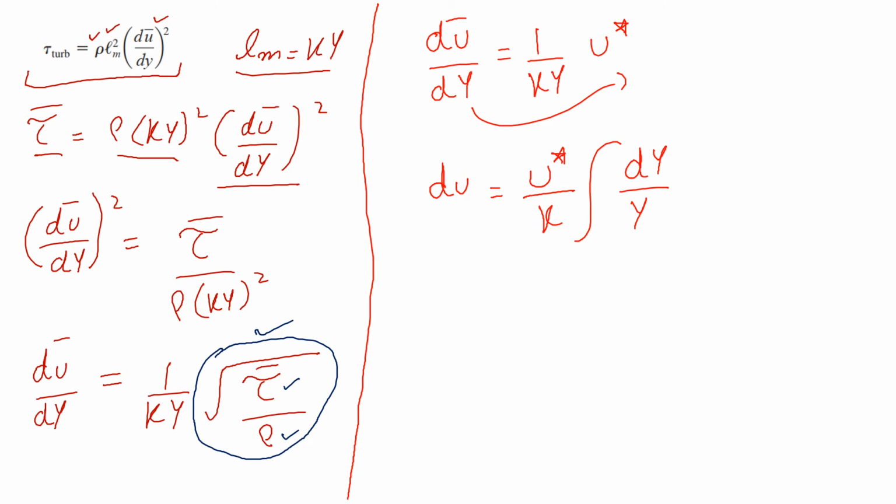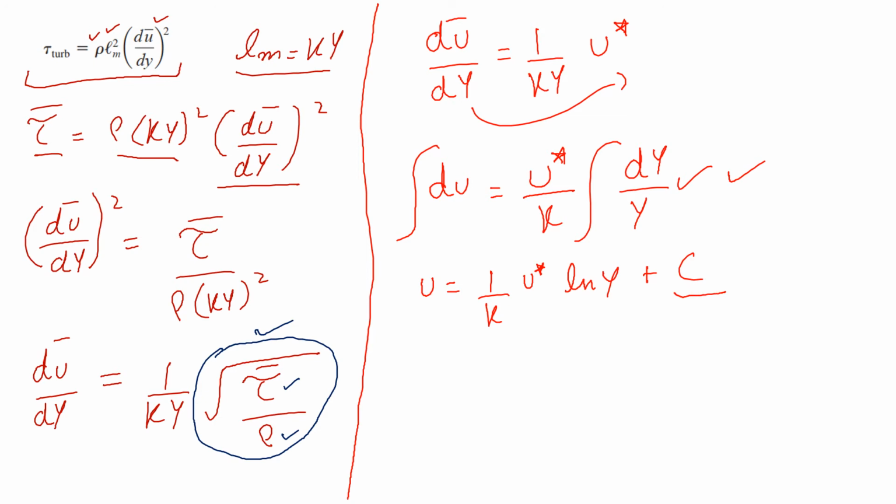After integrating, we will get u is equal to u star over k times natural log of y, plus a constant of integration, because we are integrating this equation without taking limits. And as I said earlier, when we integrate without limits, we end up with a constant.